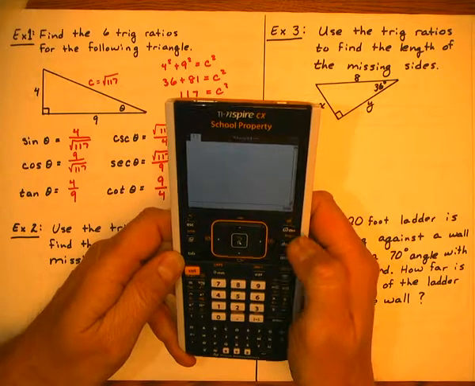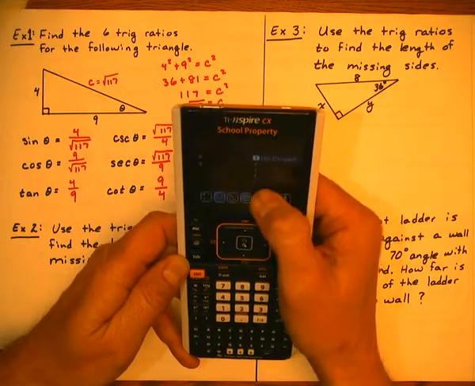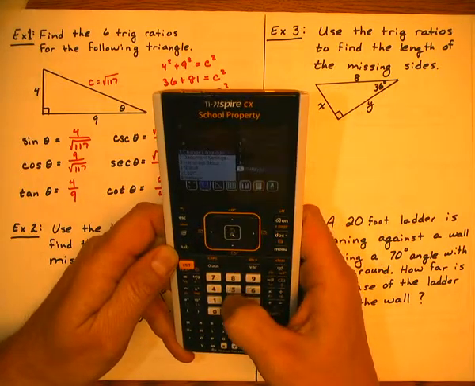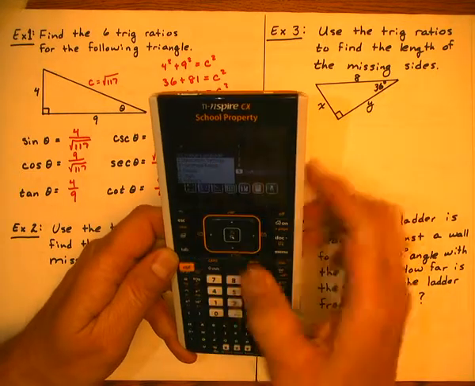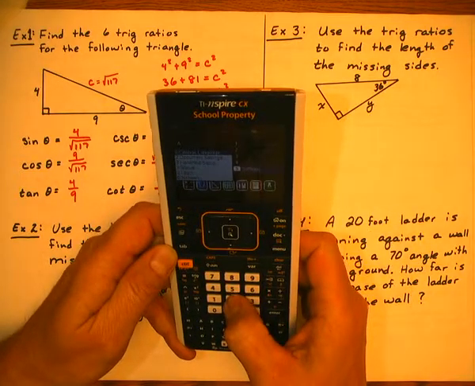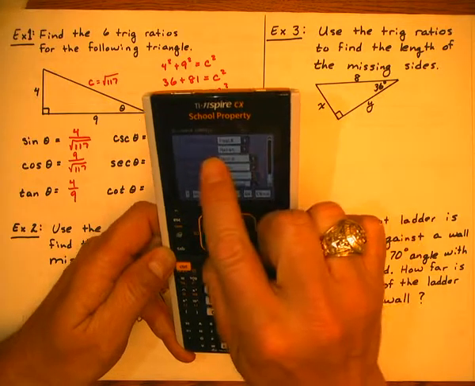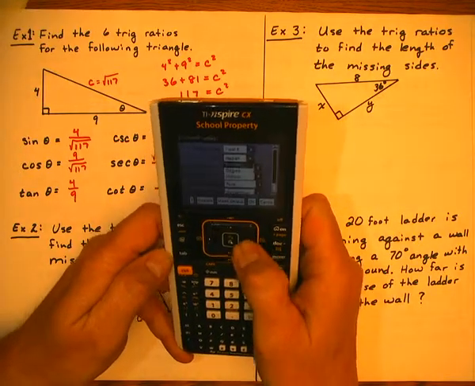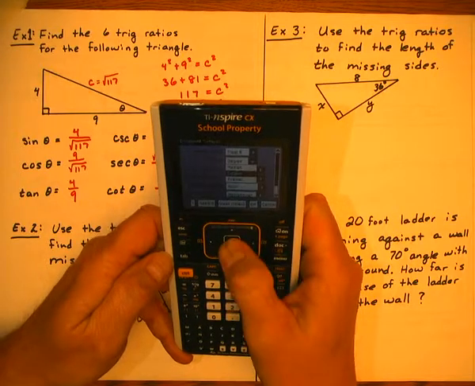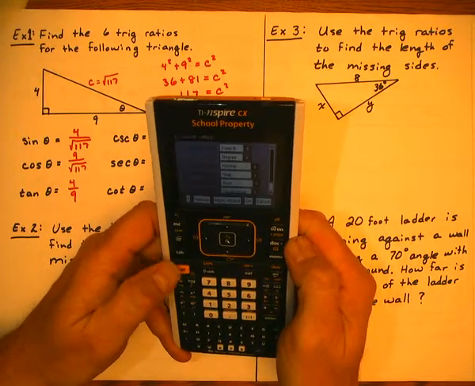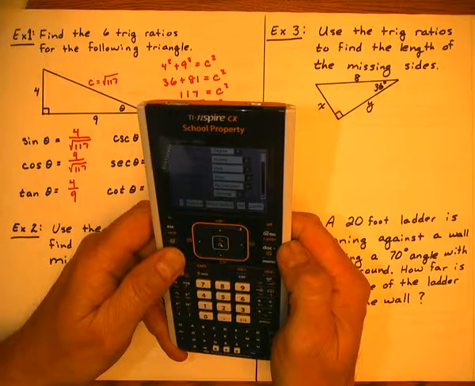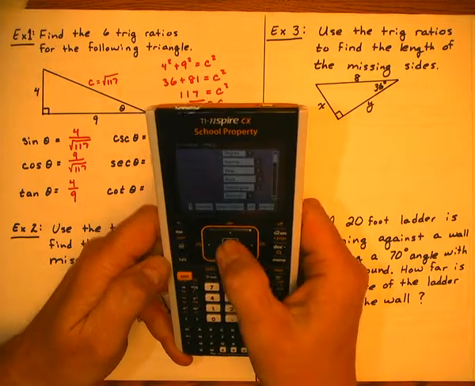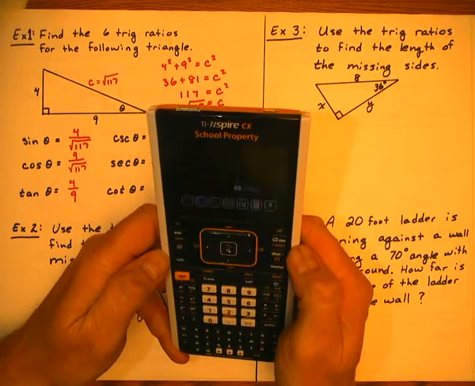So to change it, click on the home button, go to number 5, settings, and number 2, document settings. Tab to where it says angle, press the right arrow, go down to degree, and click on that. Now tab down until you get to OK, and select it.